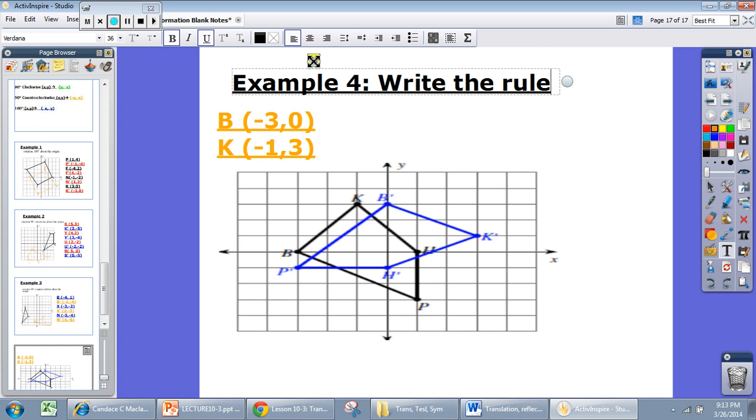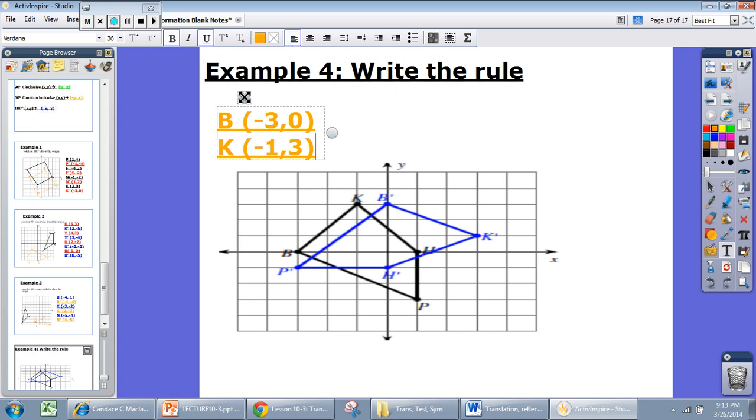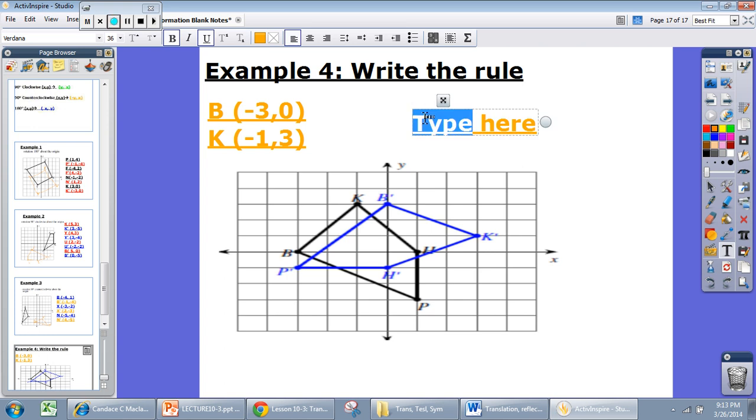Let's do another one. H is 1, 0. And P is 1, negative 3.